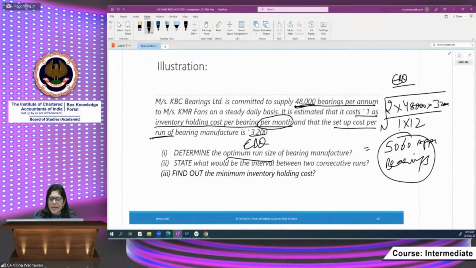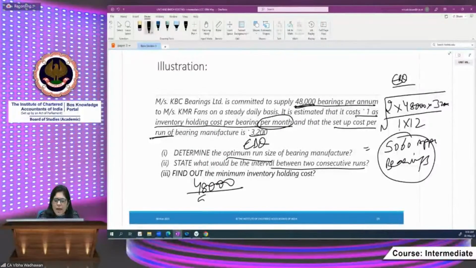What would be the interval between 2 consecutive runs? First, you should know how many total runs we should take. If in one run 5060 bearings are produced, how many batches do we have to run? We have 48,000 bearings to produce throughout the year.